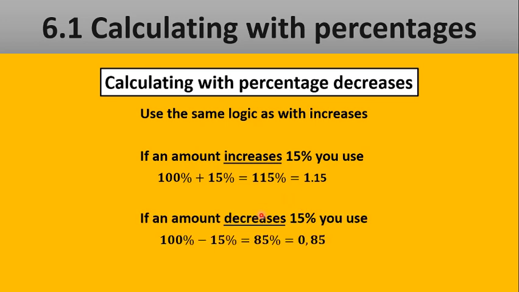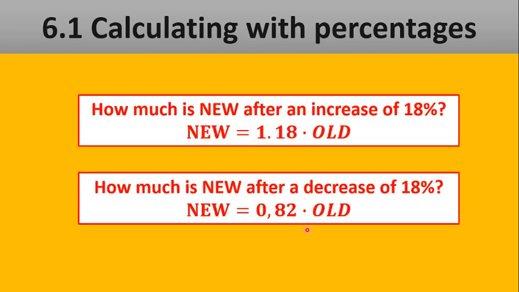If we're going to decrease this price by 15%, you use 100% minus 15%, which leaves us in the end with a factor of 0.85. And if we're going to take a look at the formula, you can see we can use the same formula to calculate a decrease as the formula that we've used to calculate an increase.